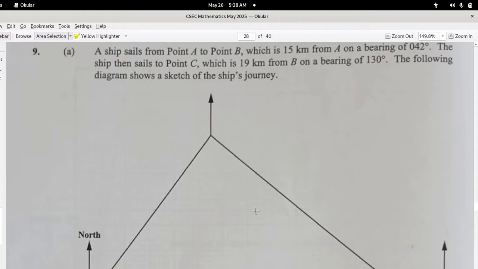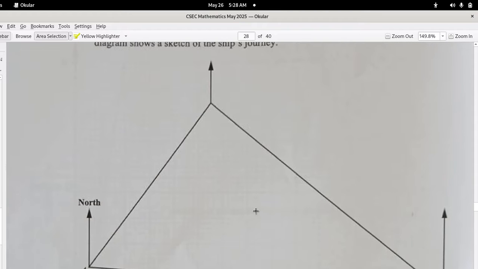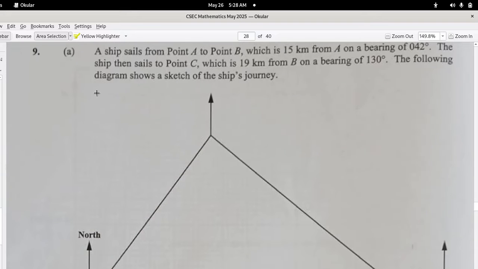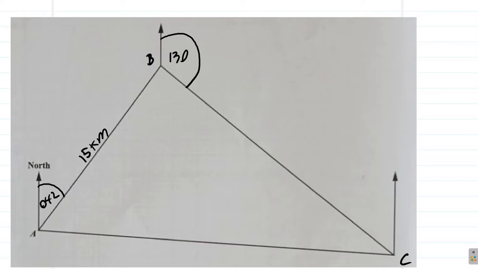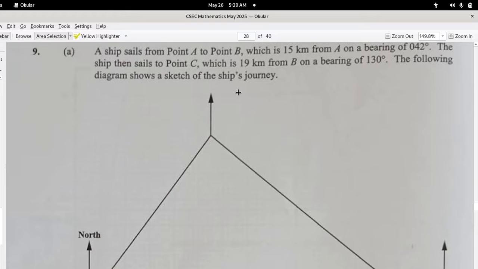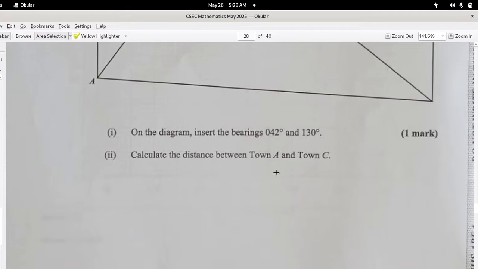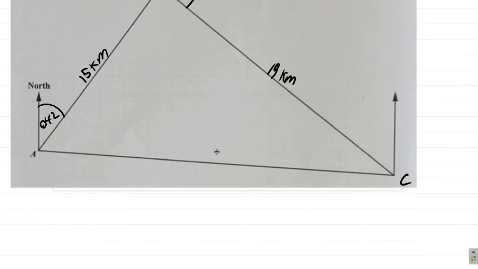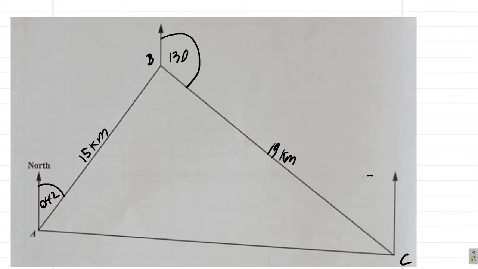To point C, which is 19 kilometers from B. So 19 kilometers from B. So this would be 19 kilometers. All right. So you have to calculate the distance between town A and town C. We want the distance from town A to town C.